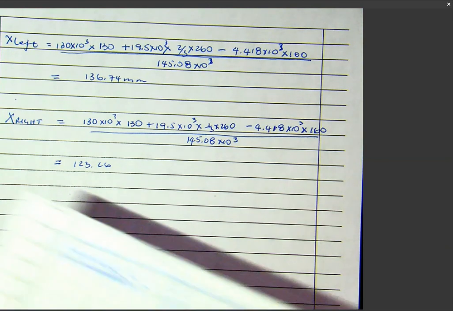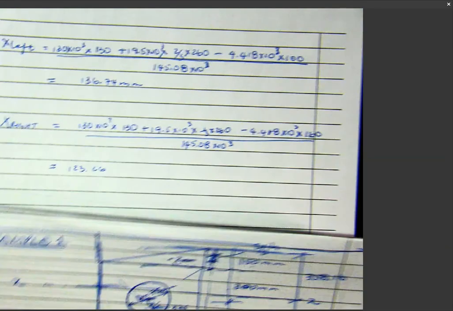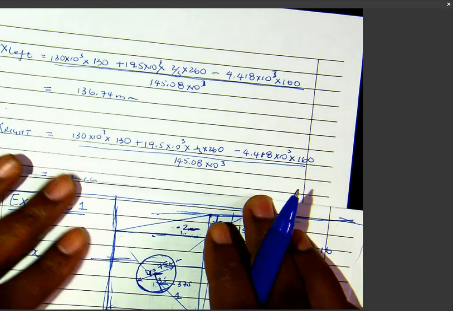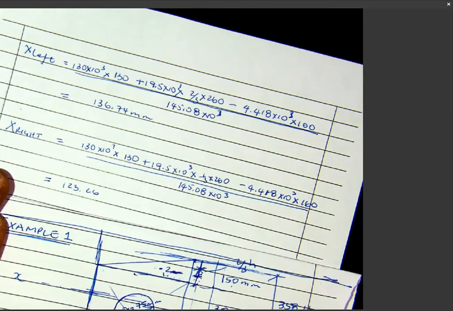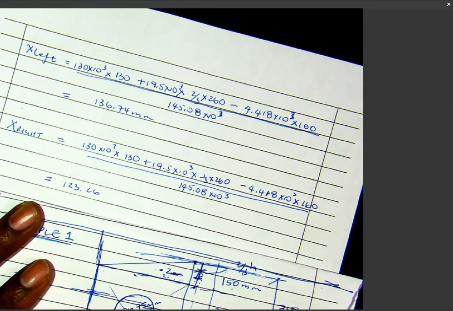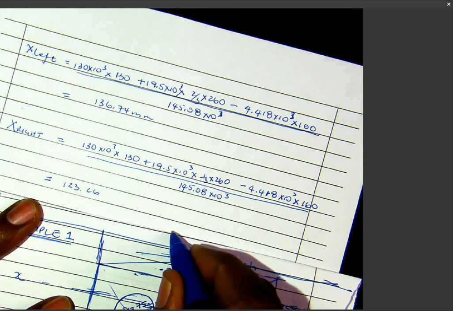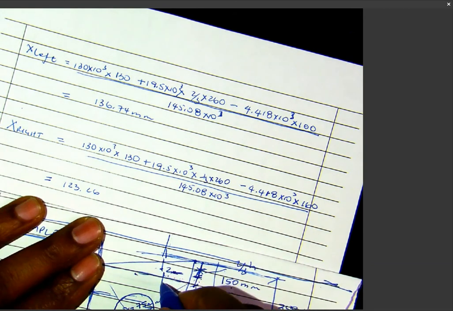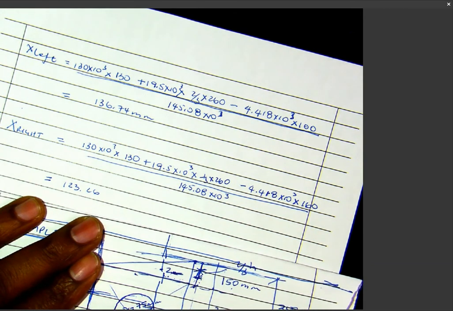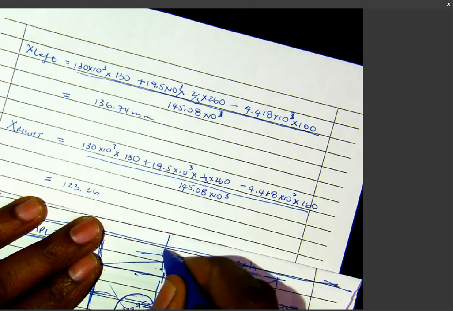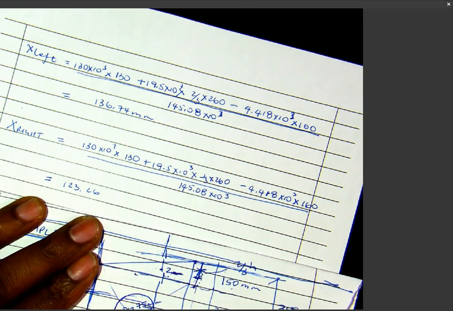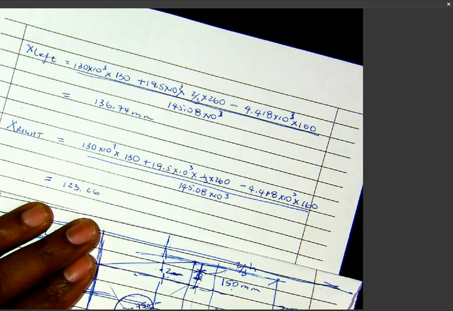So if we're measuring now, from the right 123. This is 160. 123 maybe somewhere there. This is y, guys. That distance from the right is 123.26.